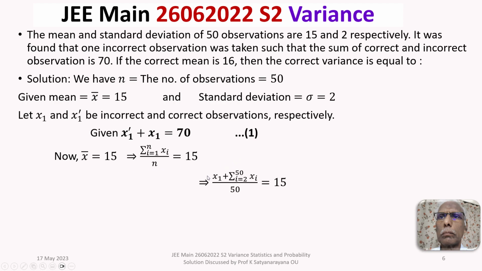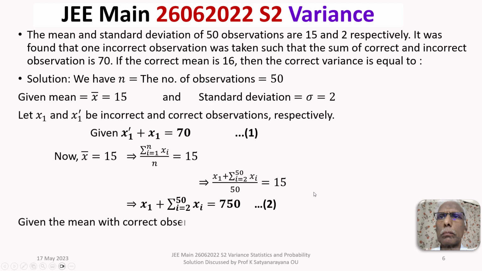That implies x1, the incorrect observation, plus the remaining sigma i equals 2 to 50 xi, by 50, is equal to 15. Cross multiplying, we get x1 plus sigma i equals 2 to 50 xi is equal to 750. That is equation 2. We continue in the next slide.